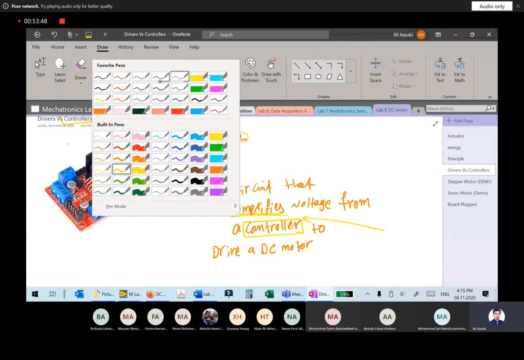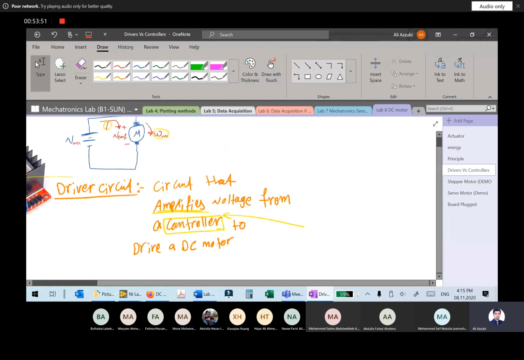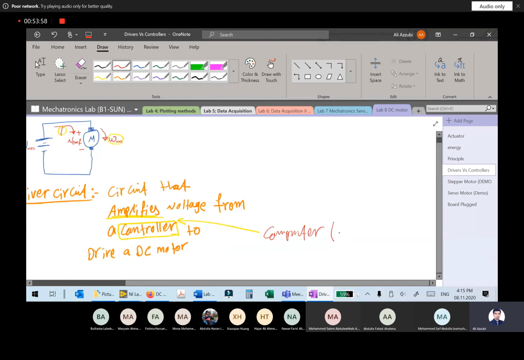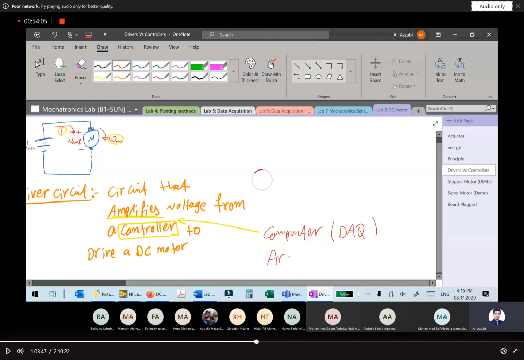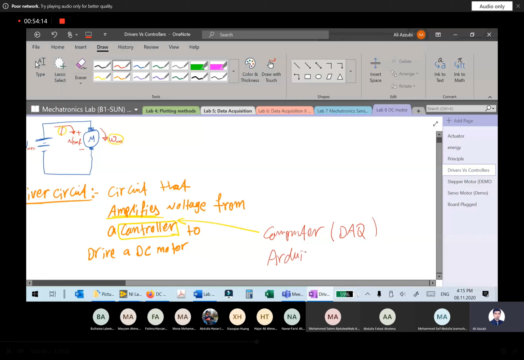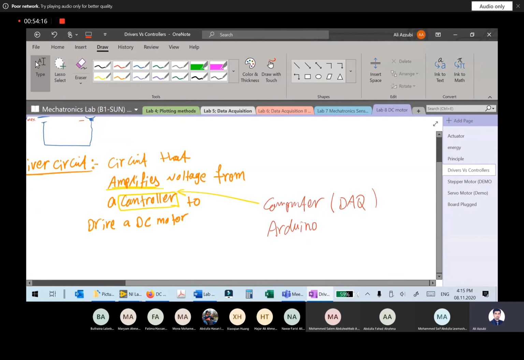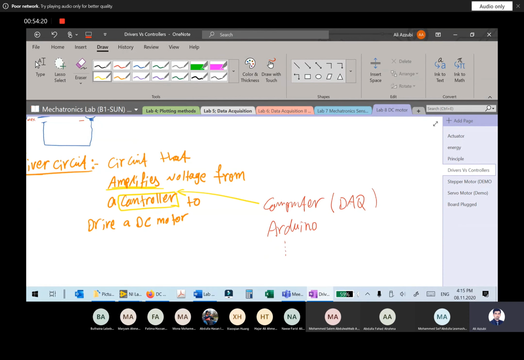Basically it's a computer. Generally, we use a computer, like maybe you have a DAC device, and maybe you have an Arduino. Whatever. Most motors have a special controller.